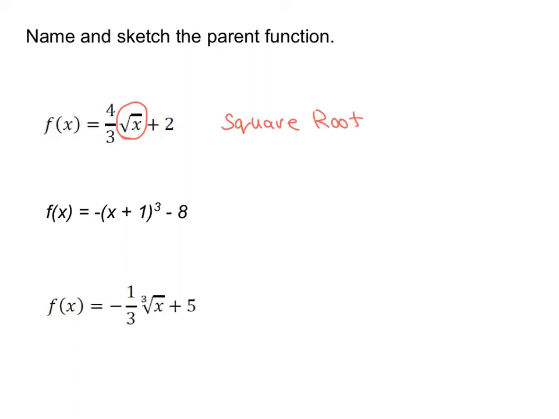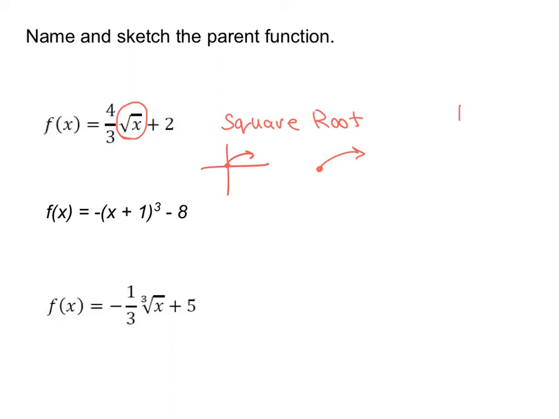Then you're going to sketch it. Ask yourself, what does a square root function look like? It goes up and over like this. You're just going to do a quick sketch. Even if you just do it without a coordinate plane, that is fine.